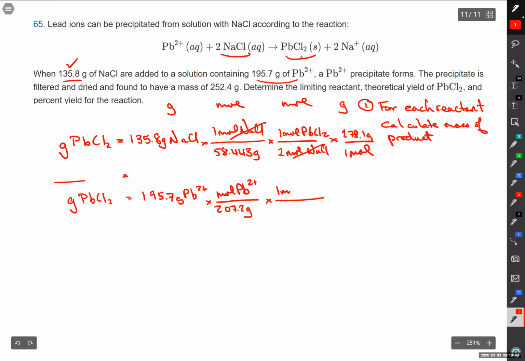So it's 1 mole PbCl2 for every 1 mole of lead 2+. And then we need the mass of the product. So it'll be whatever that is, and that's the 278.1. And you get an answer here.